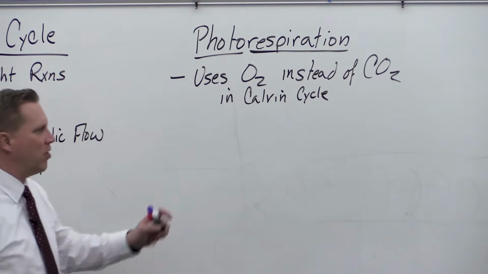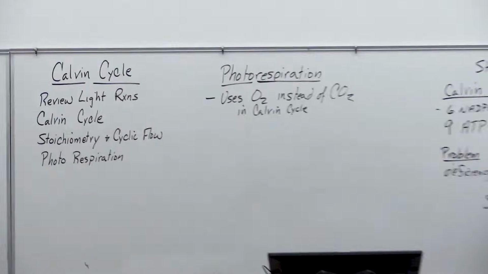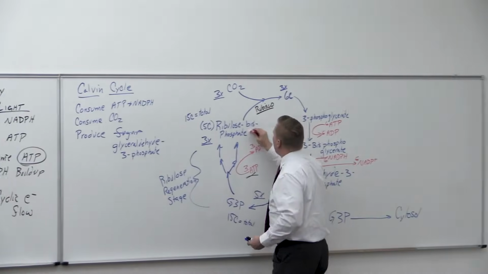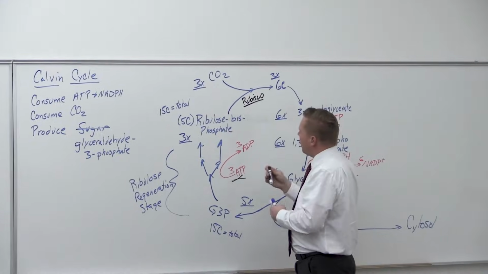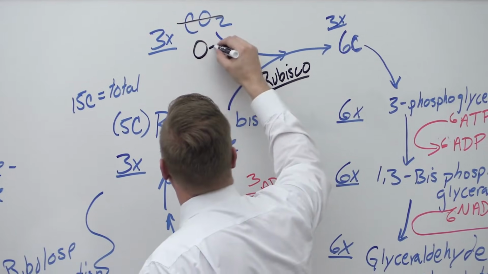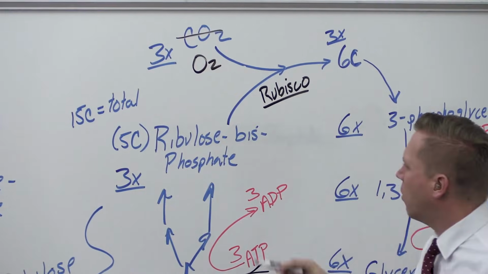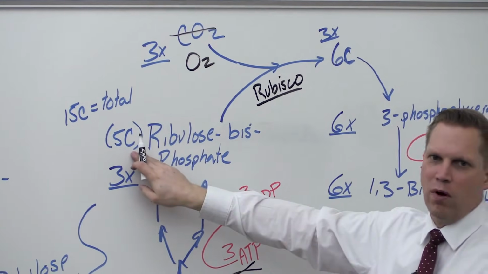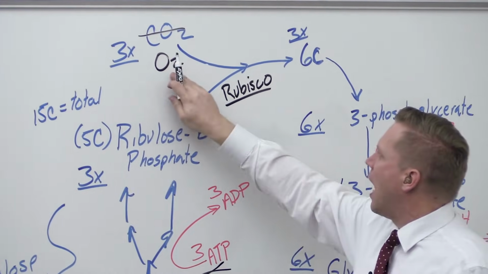And so what happens if we come over here and we look at the Calvin cycle, if we use, so let's say we don't use CO2, we use O2 in the Calvin cycle. So we take our 5-carbon ribulose bisphosphate and we add O2 to it.